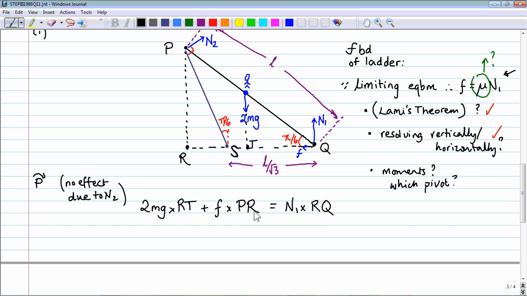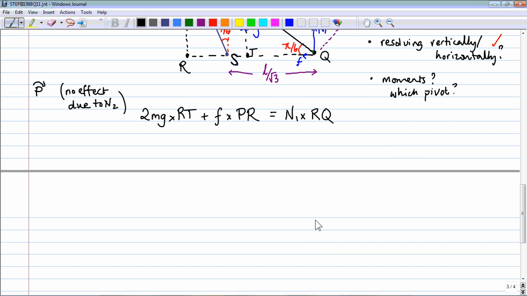Now these three lengths are easy to calculate because we know the length of the ladder is L. So let's write that in detail. 2mg times L over 2 times sine pi over 3. You can verify this easily yourself.